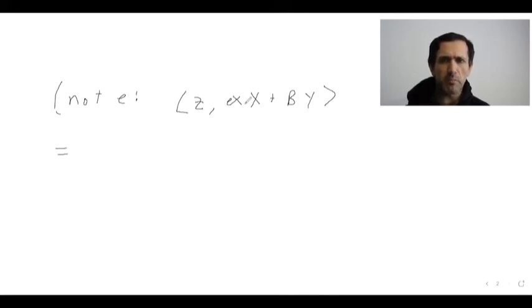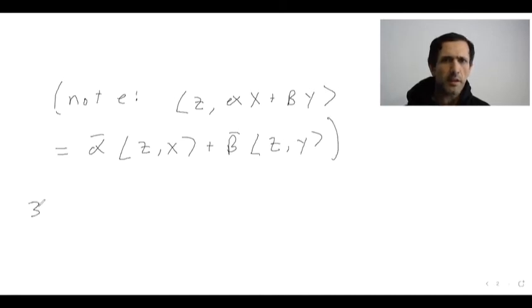We actually just need a complex conjugate here. So we get alpha bar (z, x) plus beta bar (z, y). And if you have any doubts, just check this for homework.